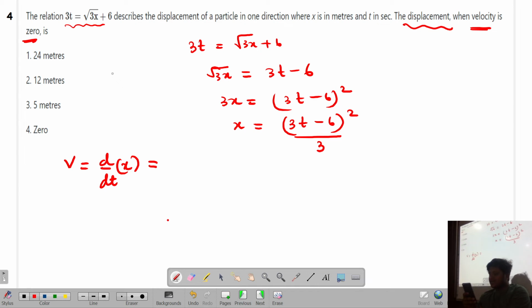Gunasri, why are your marks less in biology? Gunasri? Hello? Please increase it, guys. Sanjana, your marks are also less in biology, physics, chemistry.